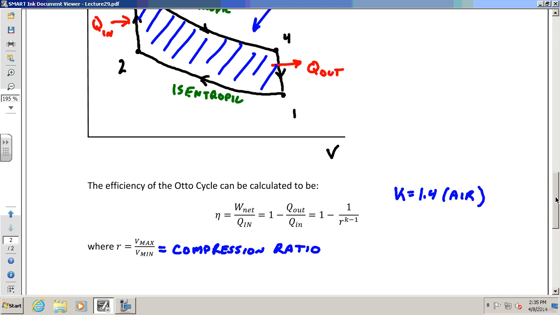One thing that we've done in cars to help keep auto ignition from happening, so we don't want the fuel to ignite too early, is put extra octane in the fuel. So when you go to the pump and you look at octane levels, you see 87, 89, 91, 93. You see different octane levels.